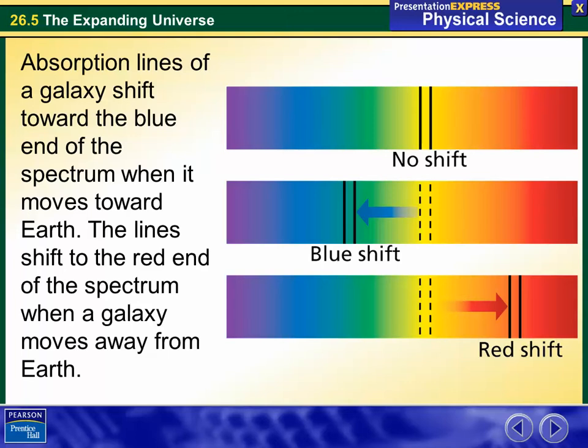For the expanding universe, you're going to have to think back to some things you've learned in the past to help this section make some sense. Absorption lines of a galaxy shift toward the blue end of the spectrum when it moves towards the Earth, and the lines shift to the red end of the spectrum when a galaxy moves away from the Earth. Remember that all visible light exists in different wavelengths.